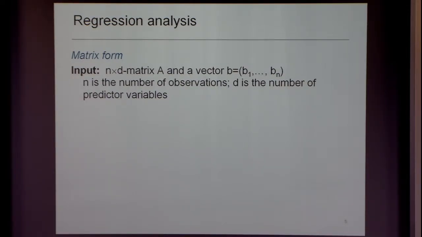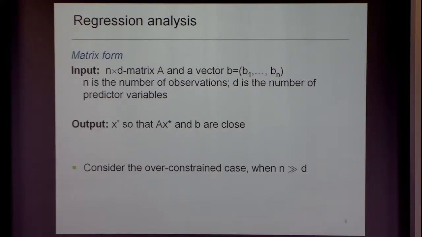You're given an n by d matrix A, as well as a vector b, where n is the number of observations, and d is the number of predictor variables. The regression problem is just to find a vector x star so that Ax star and b are close. That's the whole problem.